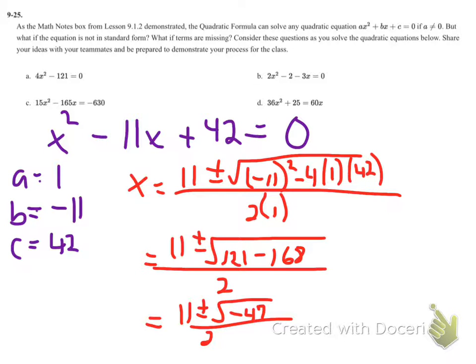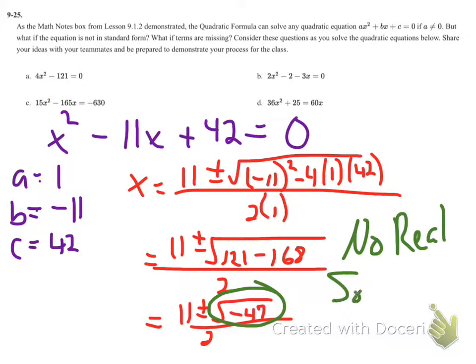And here we run into a problem. Square root of negative 47. We cannot take the square root of a negative number and get a real solution. So this has no real solution. So we cannot take the square root of a negative, and that's what happened here.